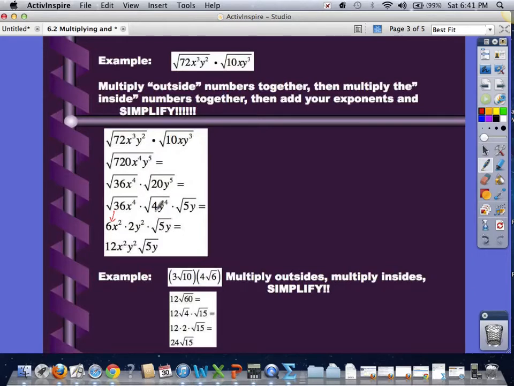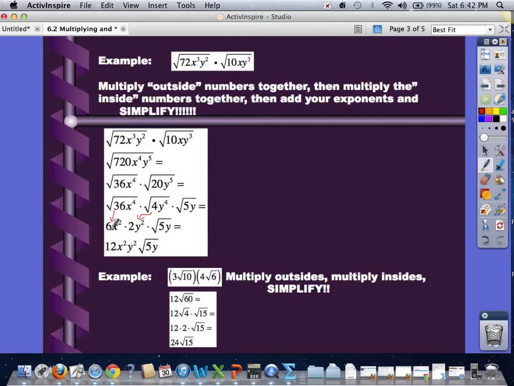So I'll look at this now and I'll say, okay, this is a perfect square, and so is this. That becomes 2y squared. Now, if they both are perfect squares, you must multiply these two together, okay, as your final step. And then my leftover is square root of 5y. That cannot be broken down any further, so I just tag it along.